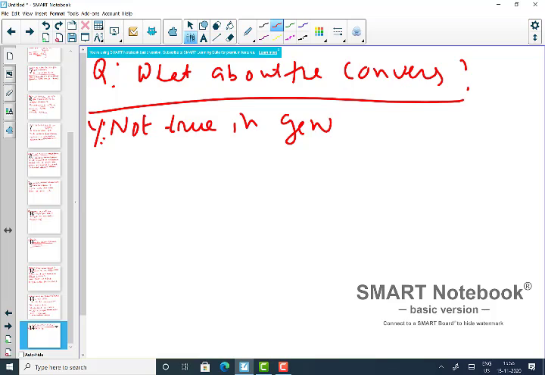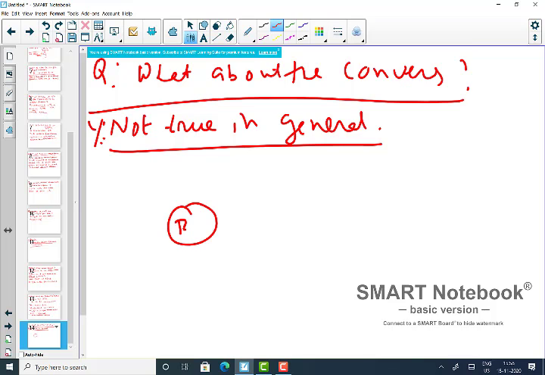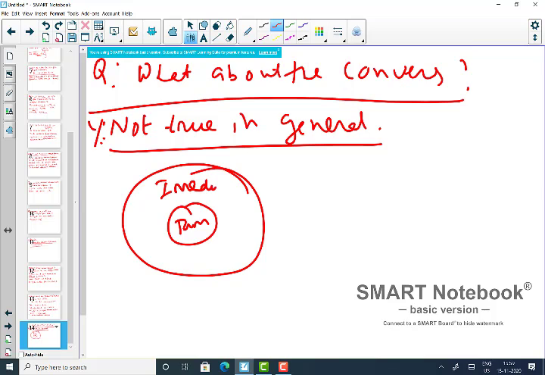So what does that mean? You may have something, see, primes are irreducible, right? So you may have some weird things which are irreducible, but not prime.